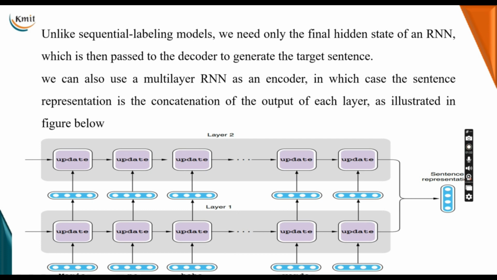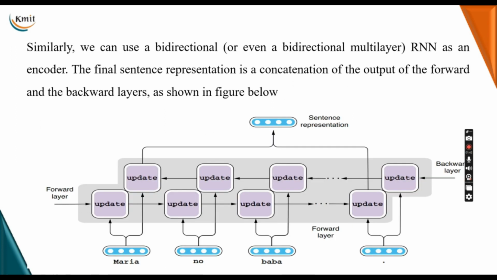Even if you take one layer or 2 layers, the final hidden state of the RNN is then passed to the decoder to generate the target sequence, as we have discussed. Similar to multi-layer, we can also use a bidirectional multi-layer RNN as an encoder block.